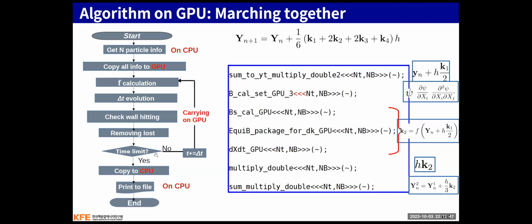And after all time evolution, we copy all information to the CPU, and in the CPU we print out all the information, and by using the file we check how many particles hit the walls, or how much heating happens in the calculations. So this procedure is implemented in these global functions.